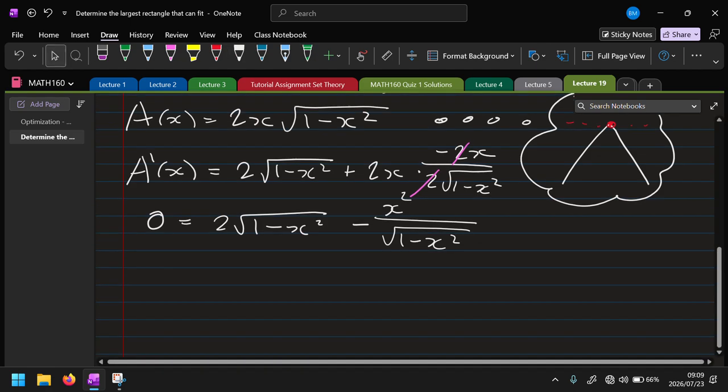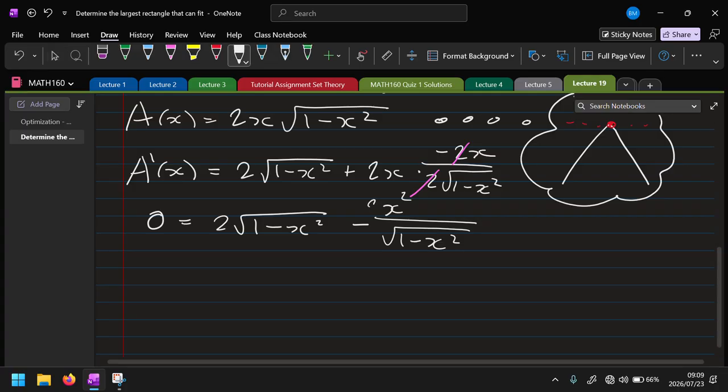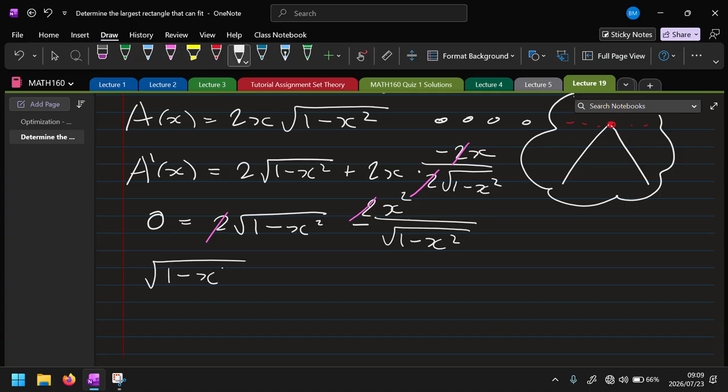And then the 2. Okay, but now all of this is set to 0, so the 2's can go. Okay, and then we can take that one term over to the other side. Yeah. Now we have this root on both sides.